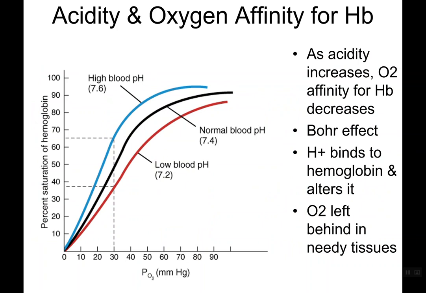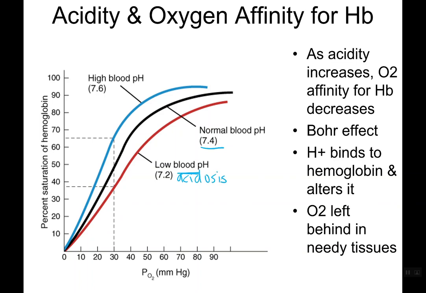So this is showing you how the curve might shift as a result of changes in blood pH. So normal blood pH should be about 7.4, which is a little bit more than neutral. If your blood pH drops to at or below 7.2, that's considered acidotic, so acidosis.